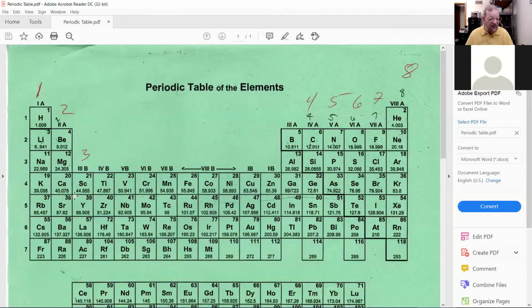And if you look at the periodic table, I'll give you 5 seconds to figure out for sodium, what's the atomic weight to 3 significant figures. Go. Time's up. Sodium, Na, 22.989.